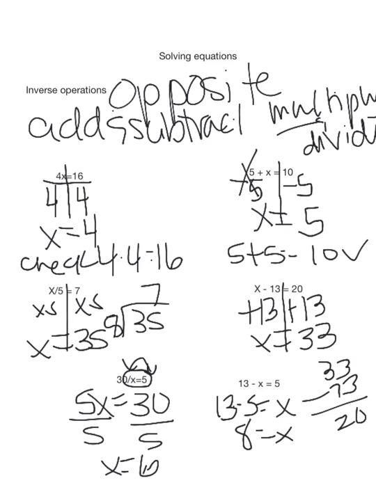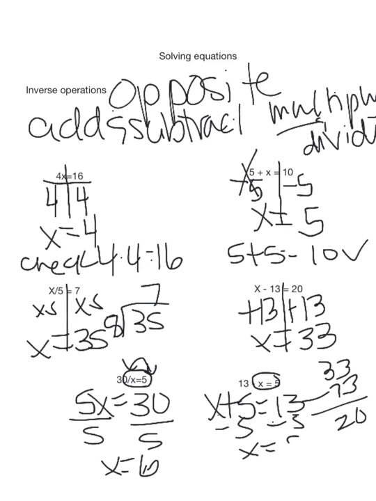Or I take x plus 5, because the opposite of subtraction is addition, and I can check my answer by adding those two to get 13, and then again subtract 5 from both sides, and x will be equal to 8. The main thing with these is being able to check your answer correctly to make sure it makes sense. 30 divided by 6 is in fact 5, and 13 minus 8 is also 5.